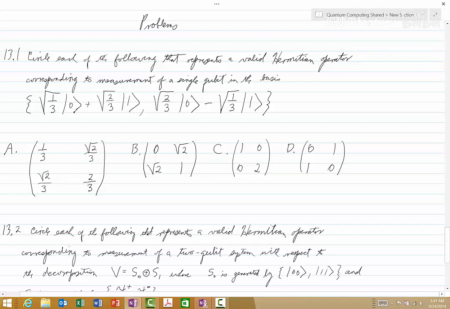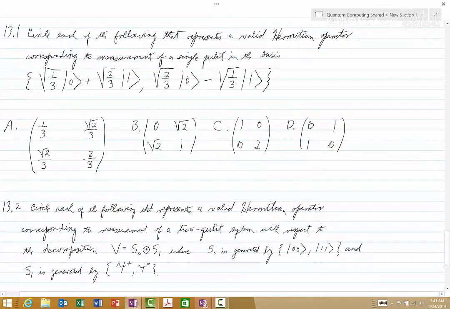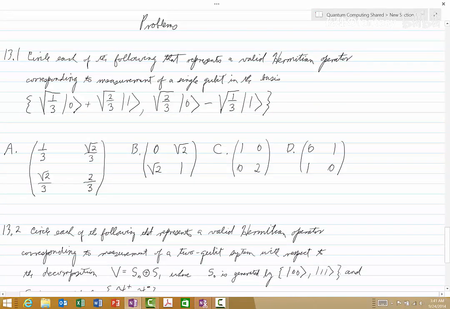Now remember, above in our first example we used the Hadamard basis. Here we're using another basis. And so you pick each of these matrices that represents a valid Hermitian operator corresponding to measurement of a single qubit in that basis, circle.